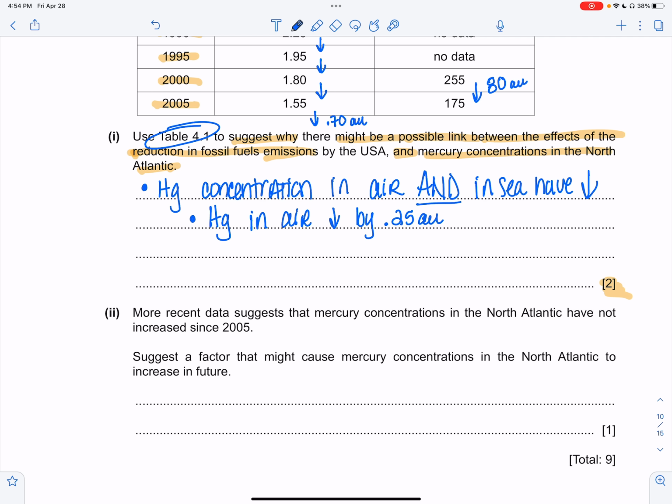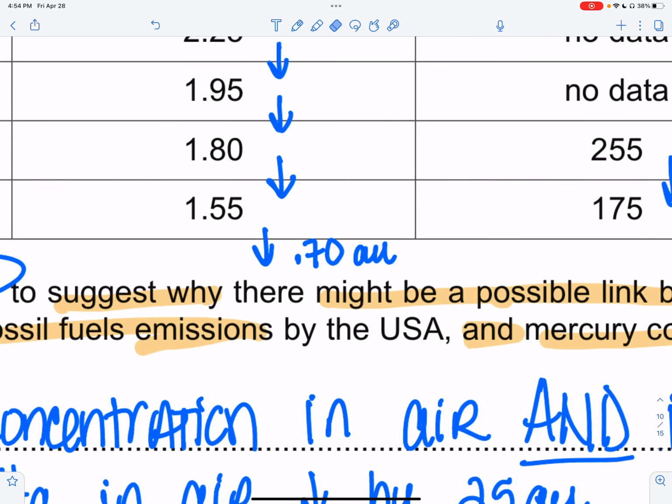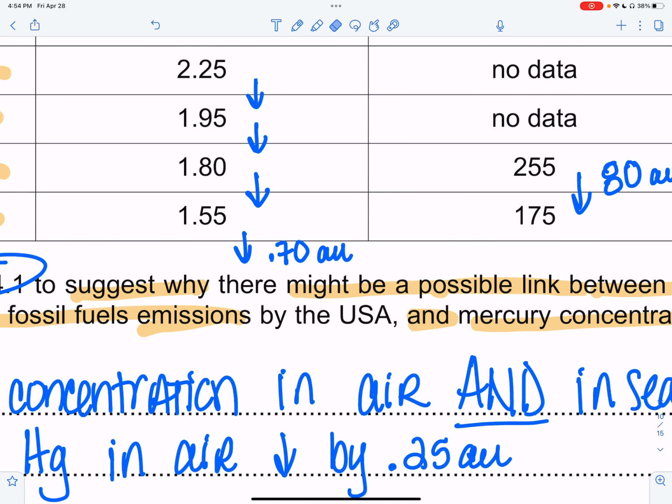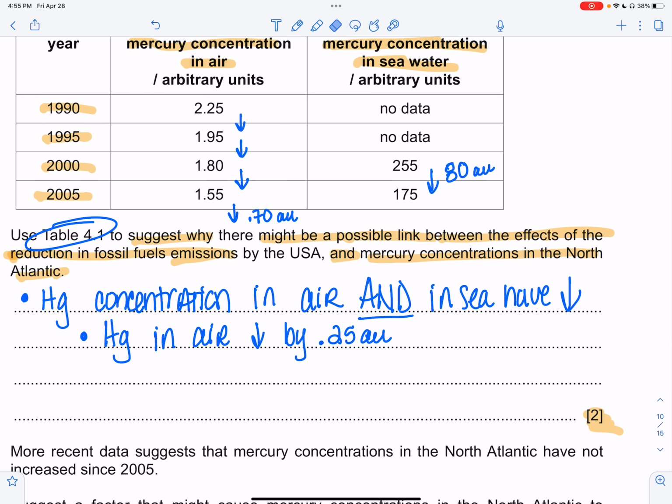Okay, I know what I did. That 0.70, real quick, that was actually from looking at 1990 to 2005, and I'm not going to use that data because if I want to compare it to what data we have for 2000 to 2005, I want those years to actually reflect each other.